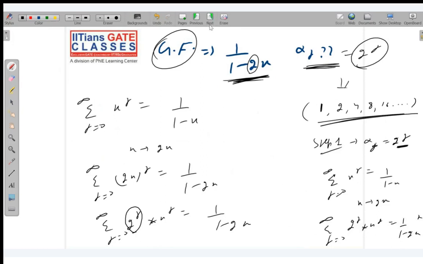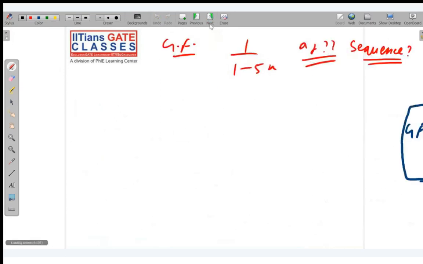So the next question: the generating function is 1 upon 1 minus 5x, and we want to find the numeric function and the sequence also. I think everybody has built up the concept here.